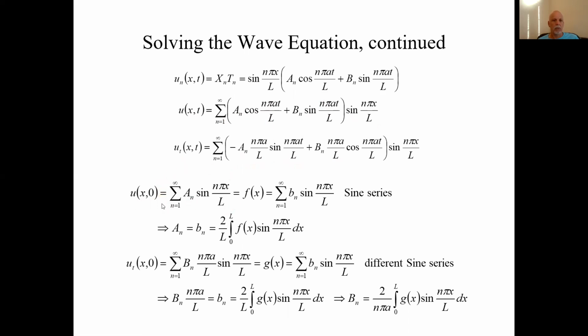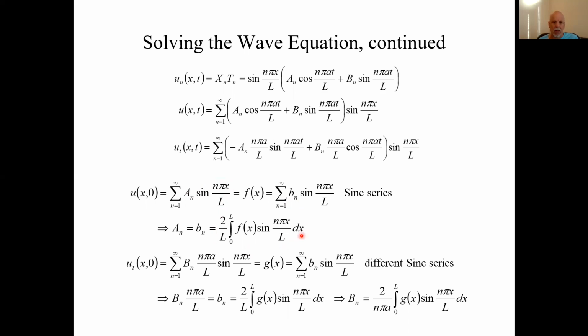That is u at time 0, a function of x. And we can expand this f of x in a sine series so that it matches this. Then we match coefficients. This a sub n must be the little b sub n's from the sine series.